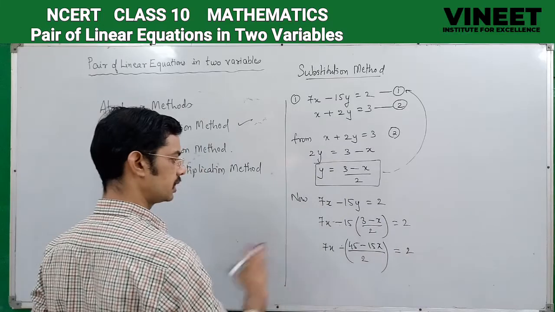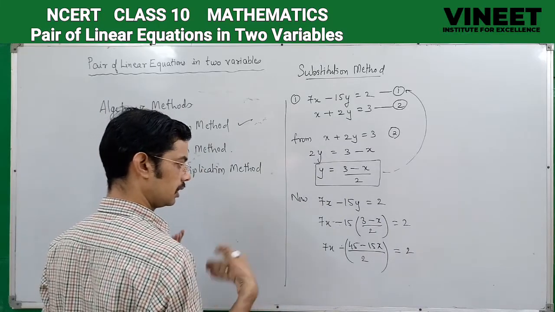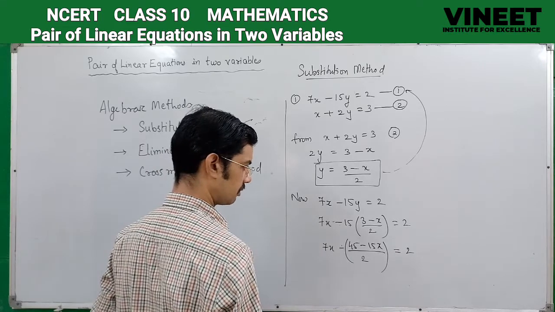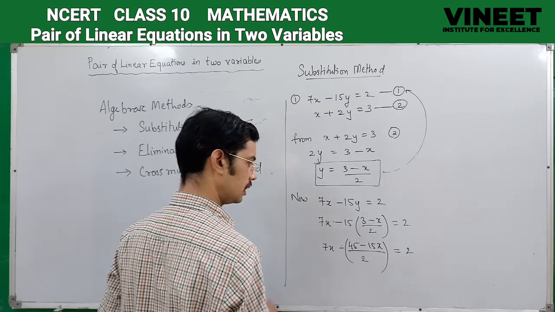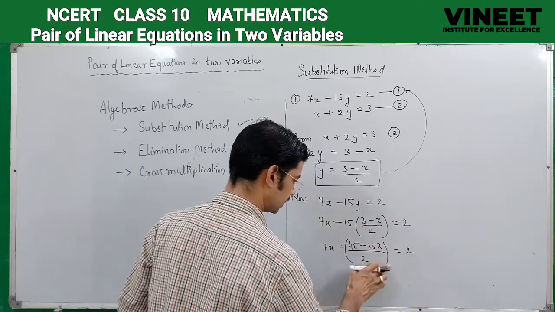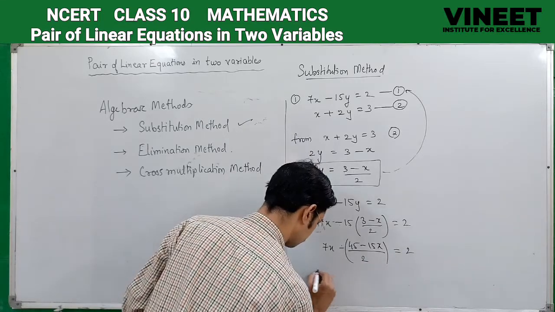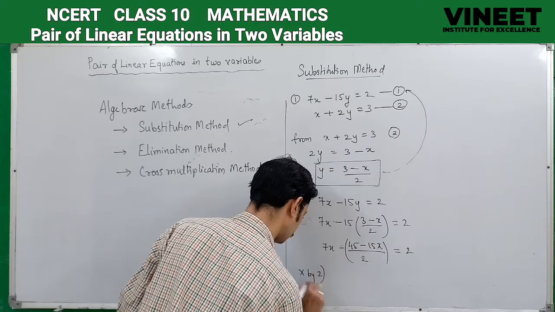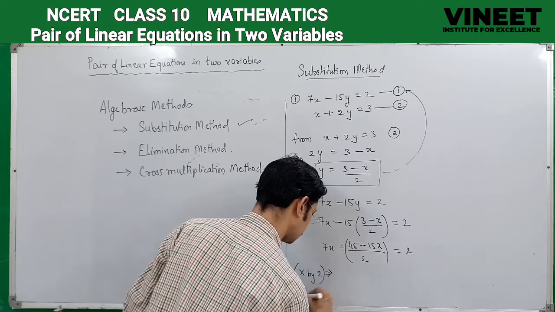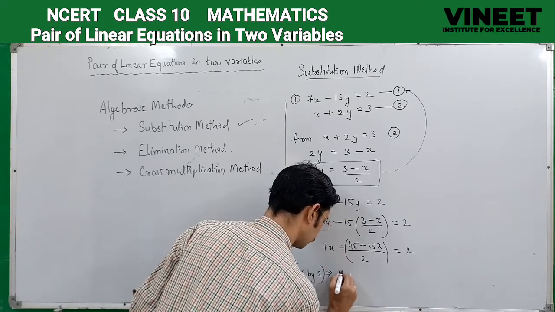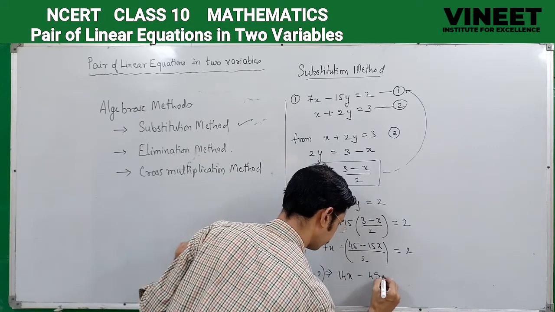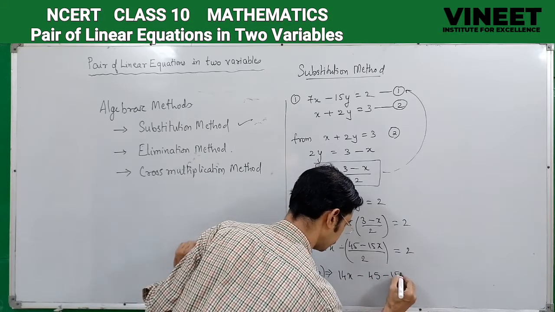Now multiply both sides of the equation by 2, which is the LCM of the denominator. Multiplying by 2, we get 7 into 2 is 14x minus (45 minus 15x).